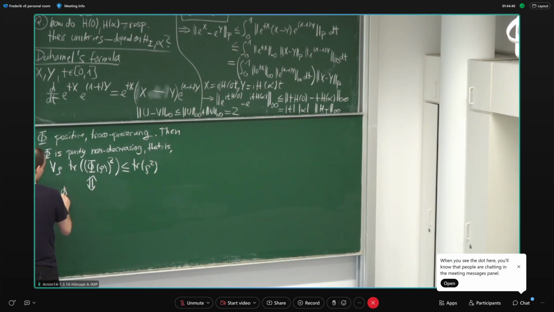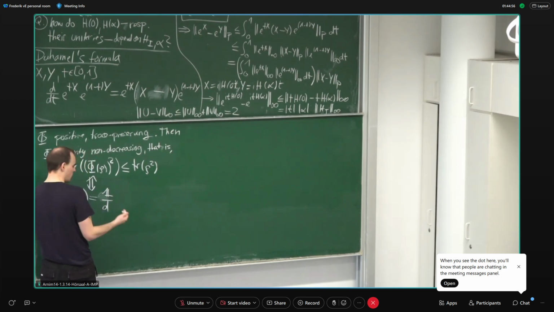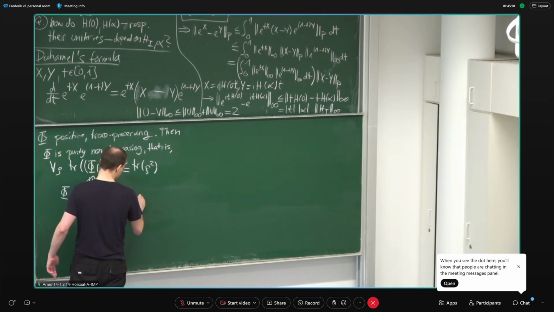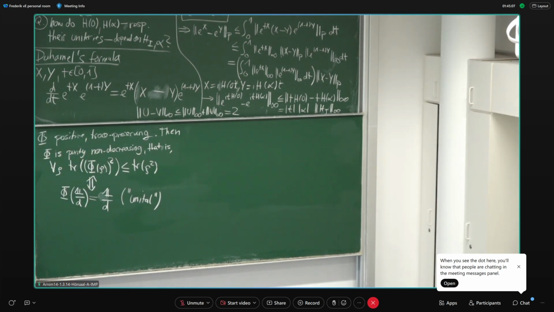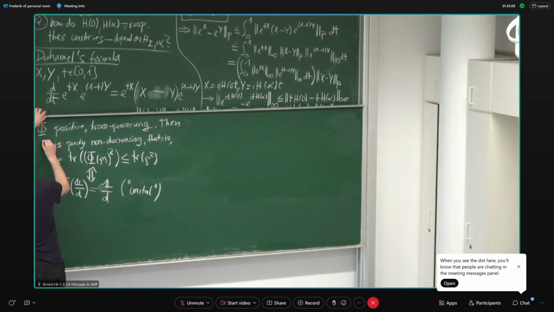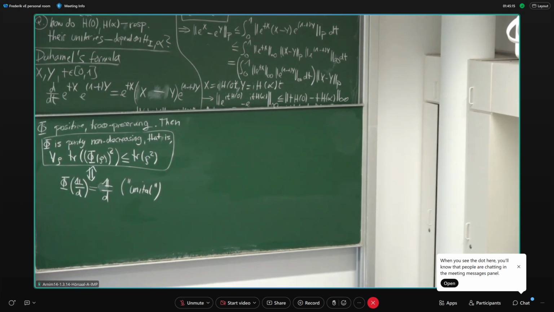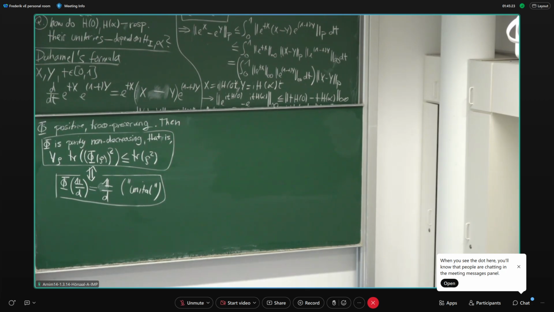If and only if the maximally mixed state is a fixed point of phi. So in a way, phi leaves the center of the Bloch ball invariant, if you want to think about it that way. The technical term for this is that phi is unital. So that's a statement that given some channel, the purity can never increase if and only if phi is unital, the maximally mixed state is a fixed point.